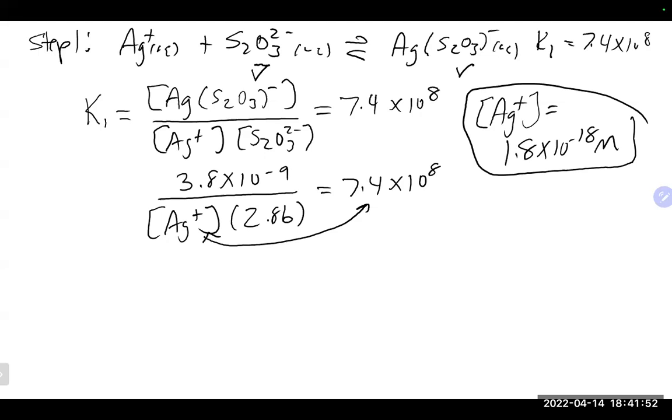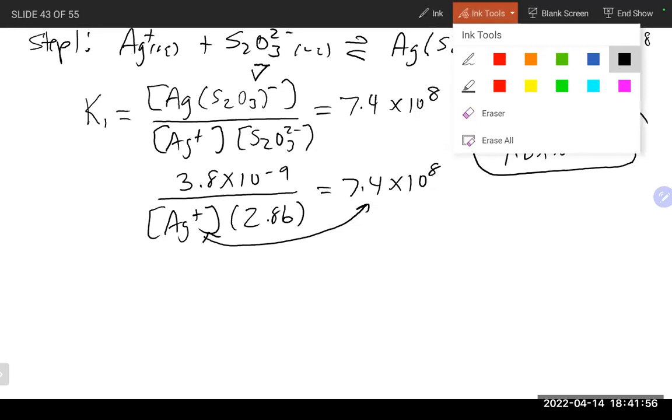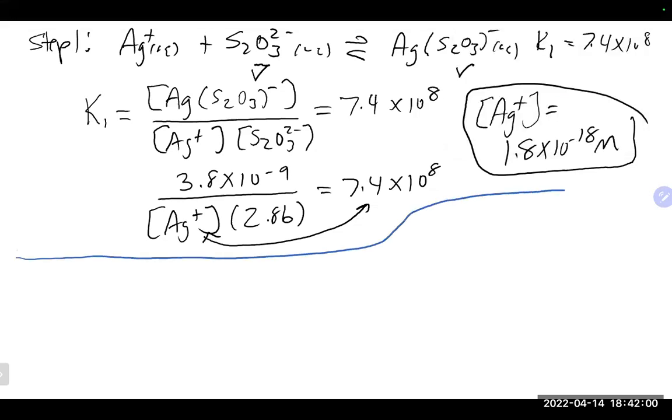Okay, so now to show you the alternative way that you could approach this. The reason I did all this step by step was because that's sort of what they gave us in the problem. They gave us the step by step.